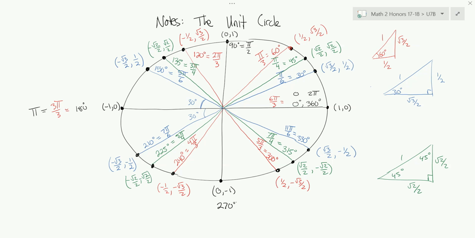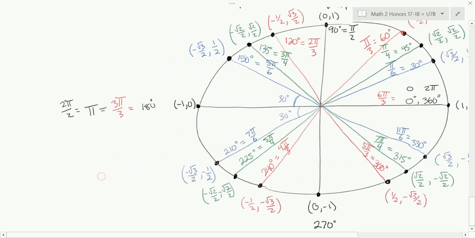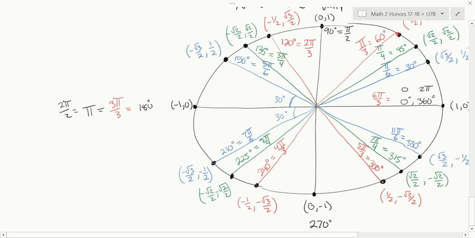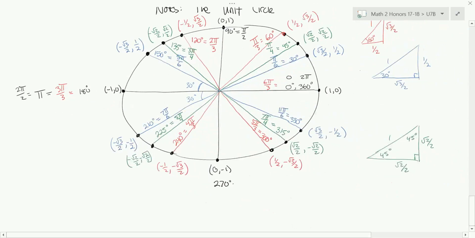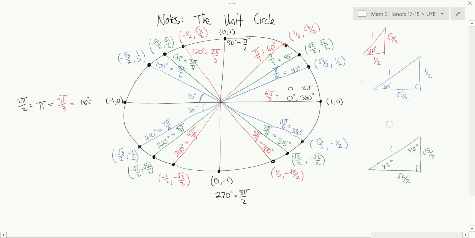You good with that? So if we're working with radians, that's 2 pi over 2. So if we start at 2 pi over 2 here and add another pi over 2, where are we at? So there we go. And now we've completed that unit circle.